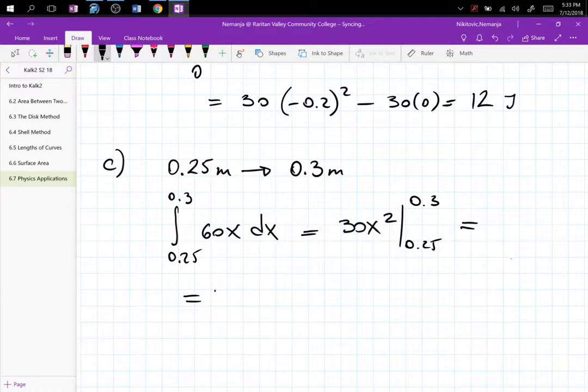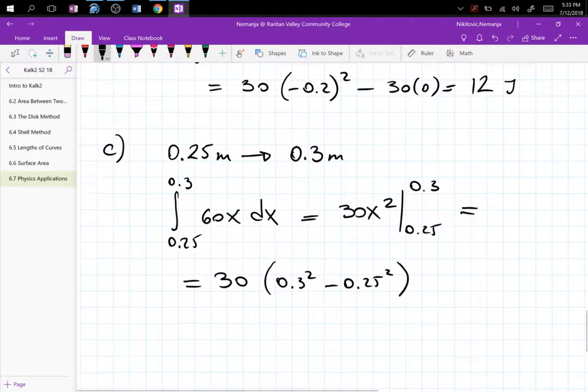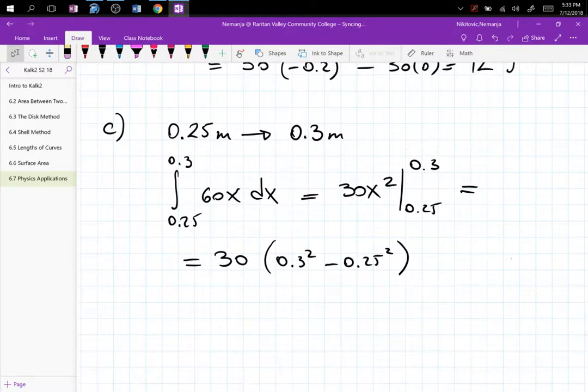So now we have 30, and then we have 0.3 squared minus 0.25 squared. Yes? If they were related, would part B have been like 0.25 and then 0.05? Like, was it pushing back from 0.25 back to 0.2? Yes, you would have to start from that, yes. Right.